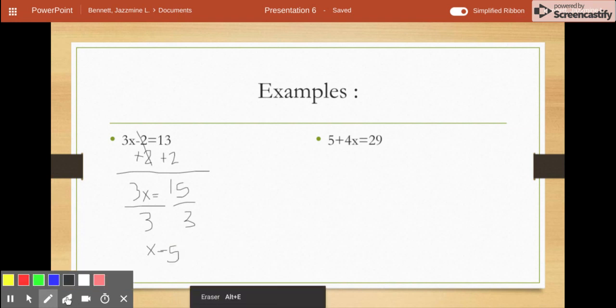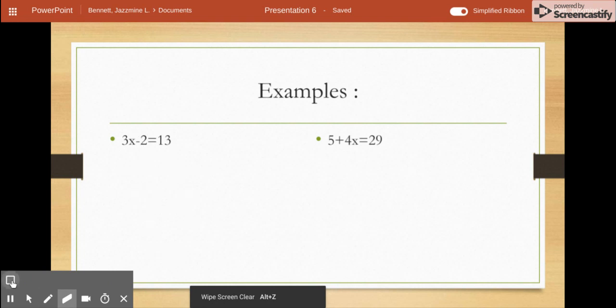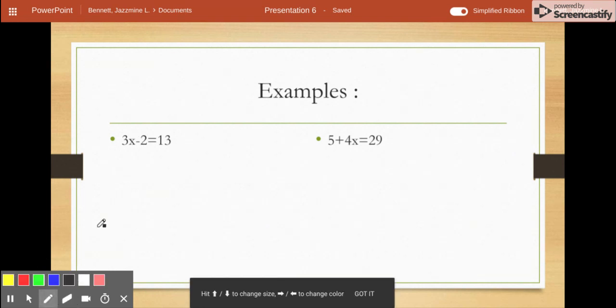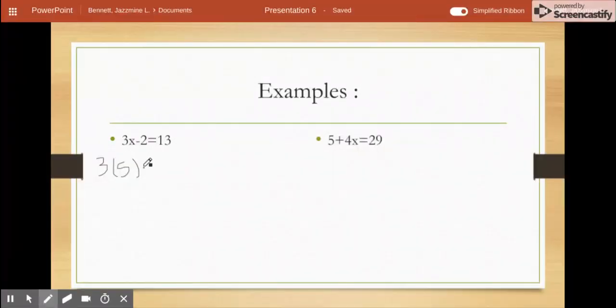So I'm going to show you how to double check your work. Since we already believe that the answer is 5, we're just going to take this equation and plug in the number and make sure that it works. I'm not going to do this on every question, just on the first, and I want you to pause the video and double check.